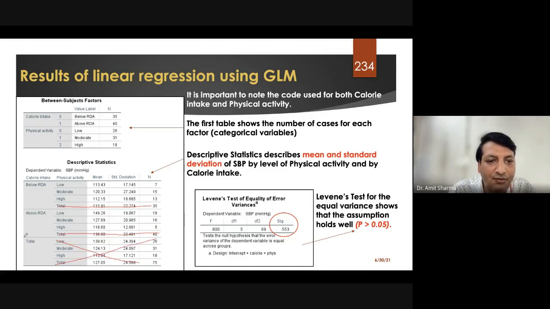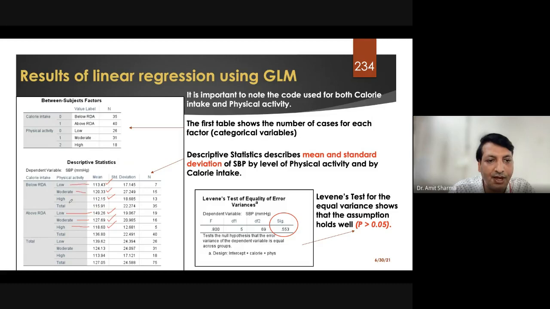Now the values which you have to refer to are the six values, because the table is 3 into 2, so we have a total of six values. What are those six? This one, first, second and third, then this one and this one, representing low, moderate and high.